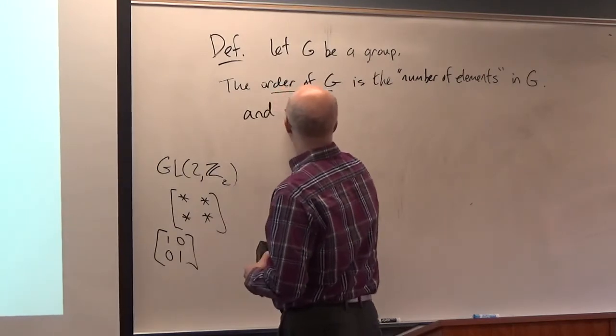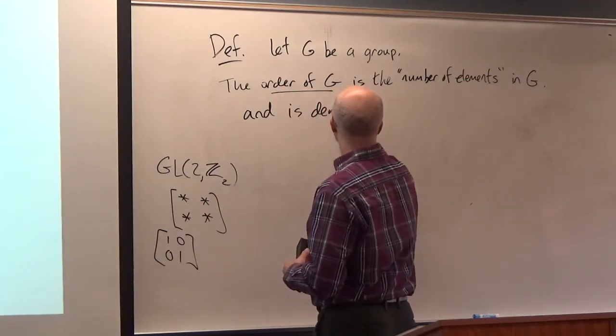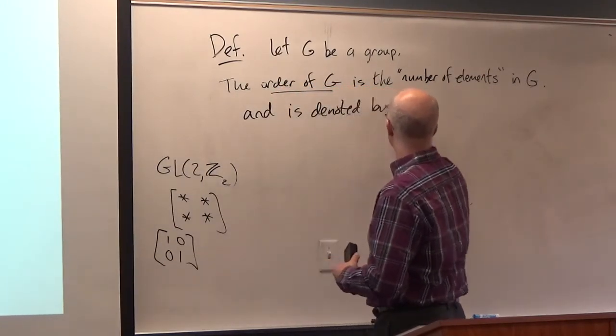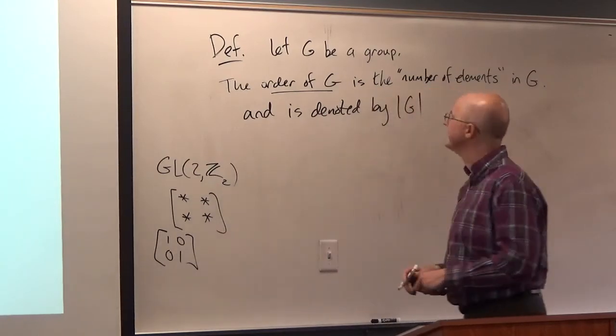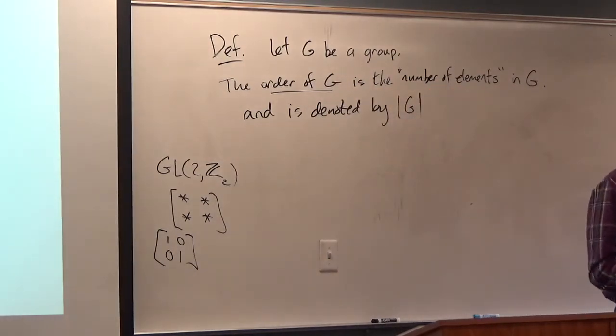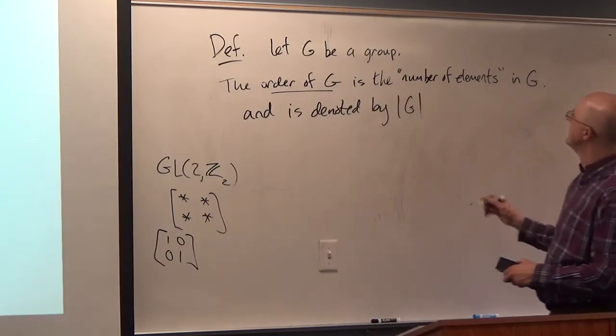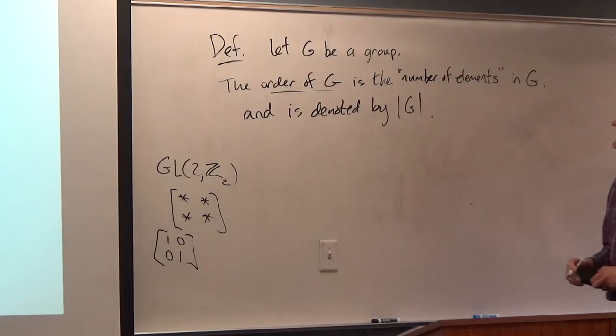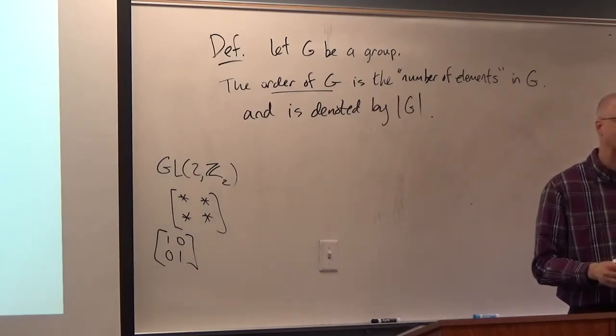The order of the group is denoted by that. It's tempting to say the absolute value of G, but don't. Say the order of G. So again, if G has finitely many elements, then the order is the number of elements.